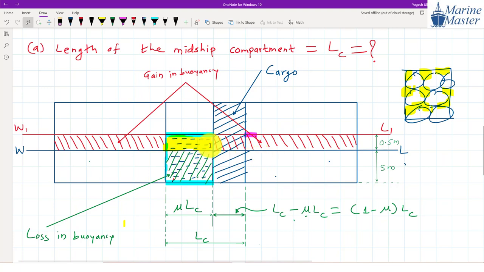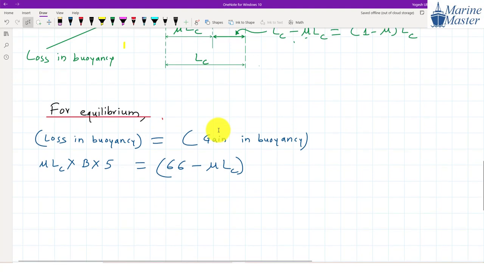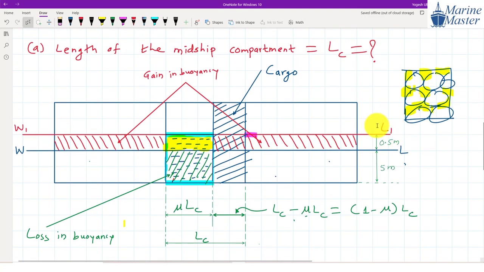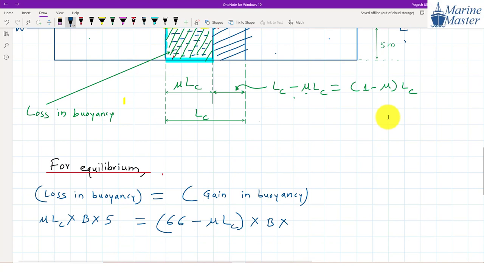Listen to my words carefully; understanding this concept is very important. So 66 minus mu LC, times the entire breadth, times the depth of the gain in buoyancy, 0.5. Breadth we can cancel.